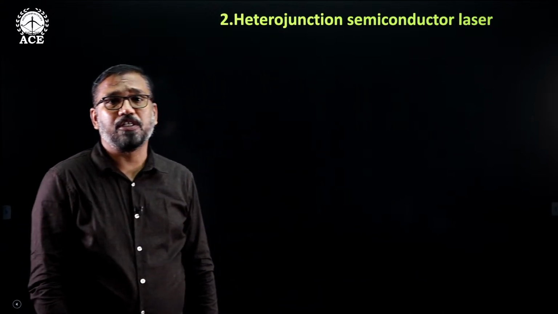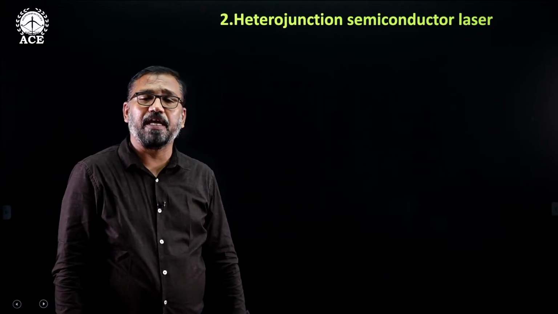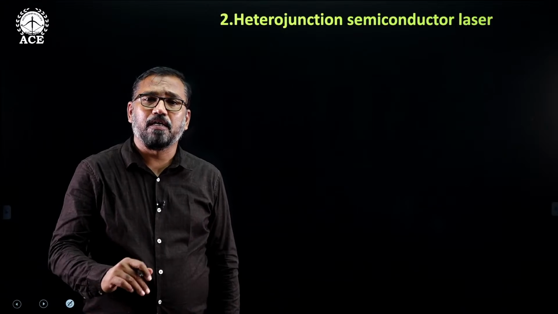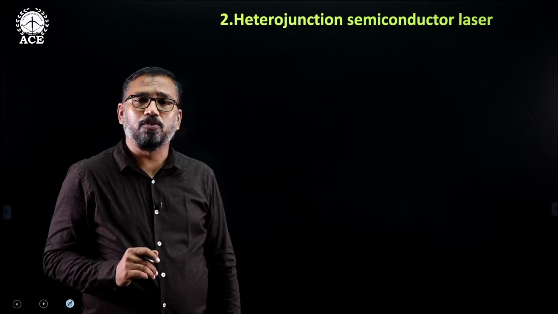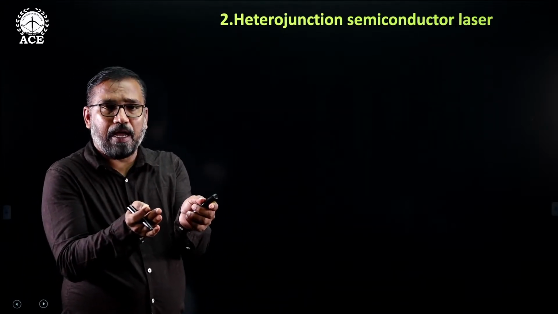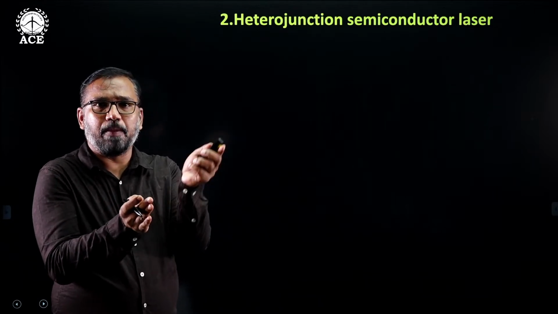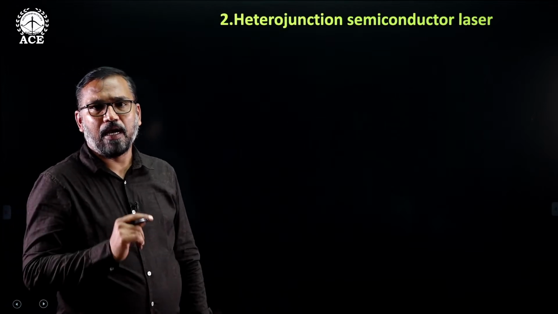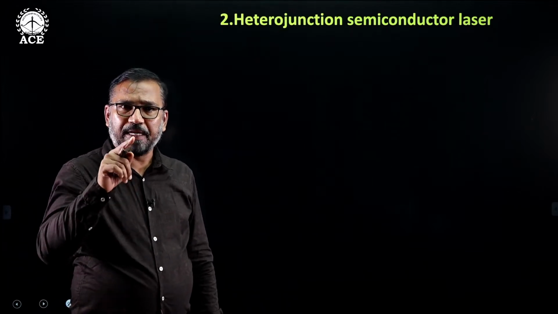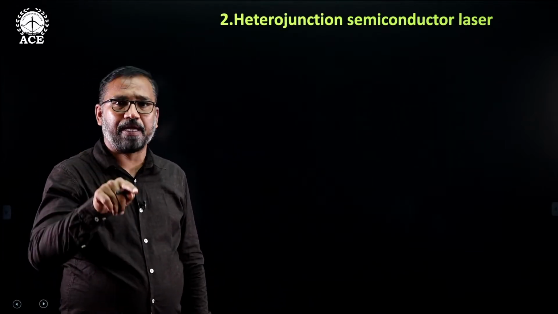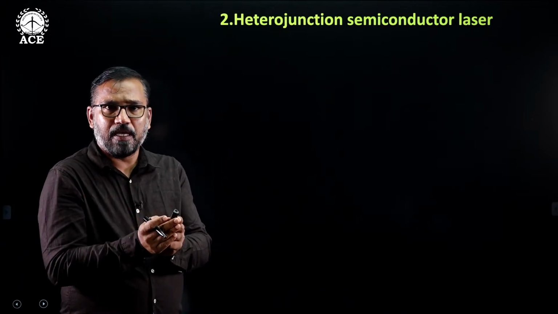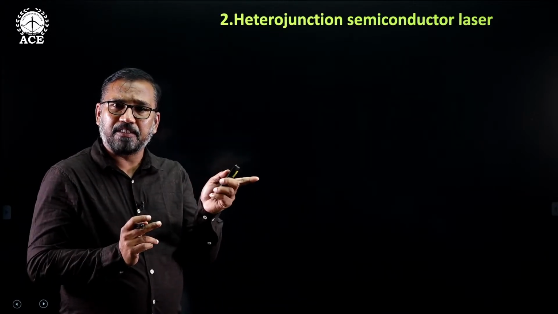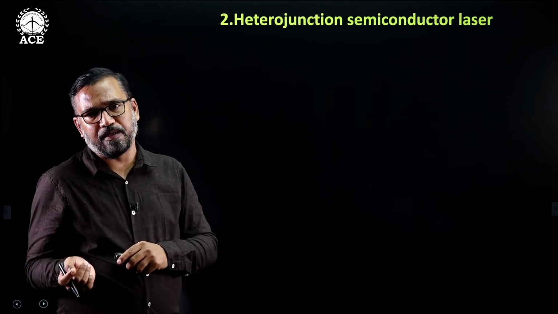Next, the heterojunction semiconductor. The name itself says heterojunction. Here the PN junction is formed by joining a p-type material and an n-type material, but the materials are of different types. Unlike the homojunction, where the p-type and n-type materials are of the same kind and form a junction, in the heterojunction the p-type material is different and the n-type material is different.